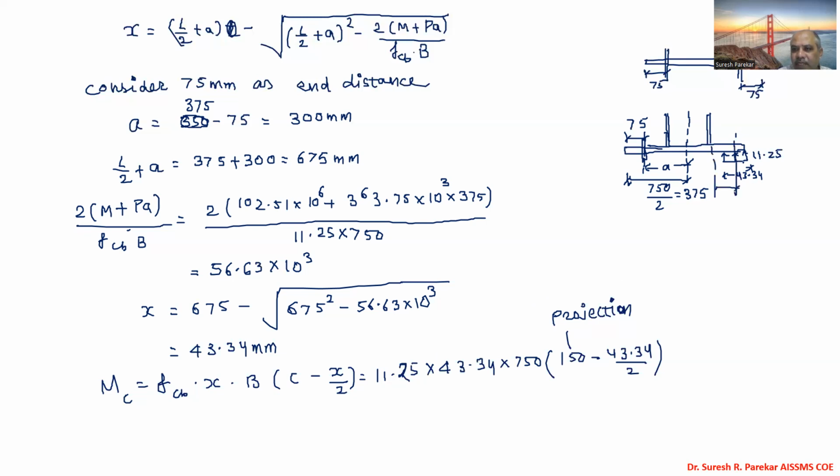So this 150 minus half of this, 43.34 by 2, and we will get this value, that is equal to 11.25 into 43.34 into 750 multiply by 150 minus 43.34 divided by 2, and we will have this value 46.93 into 10 raised to 6 Newton millimeters.